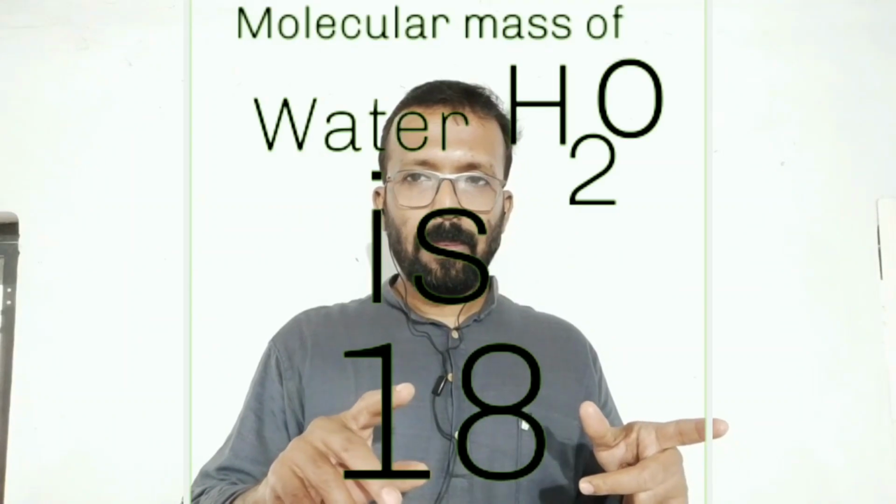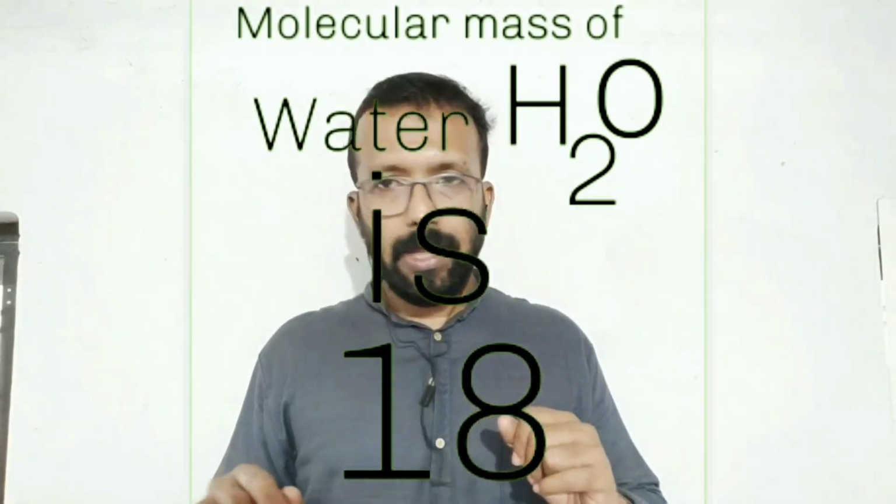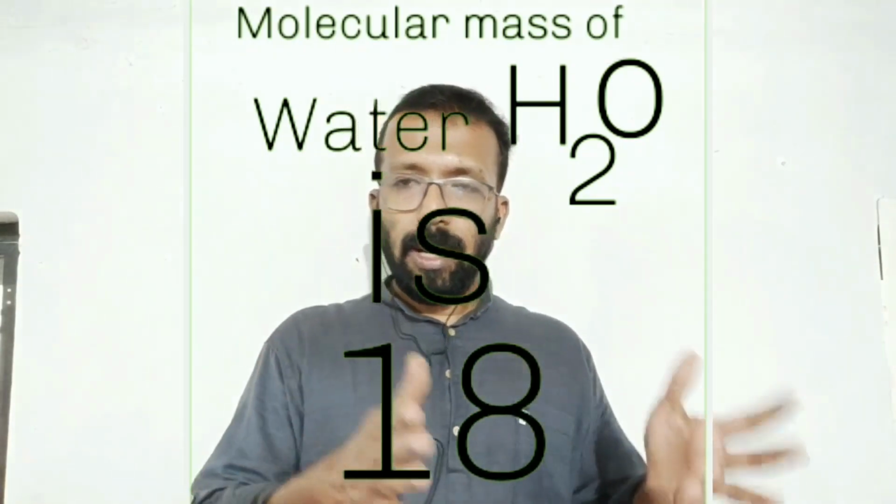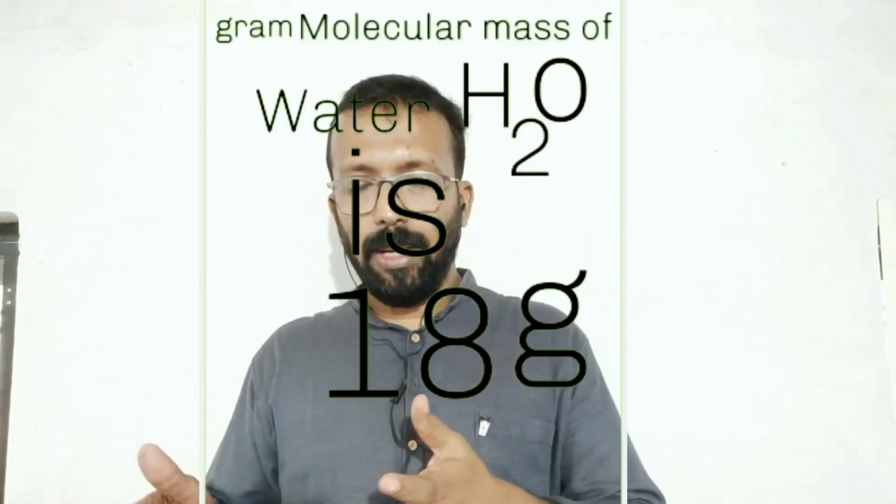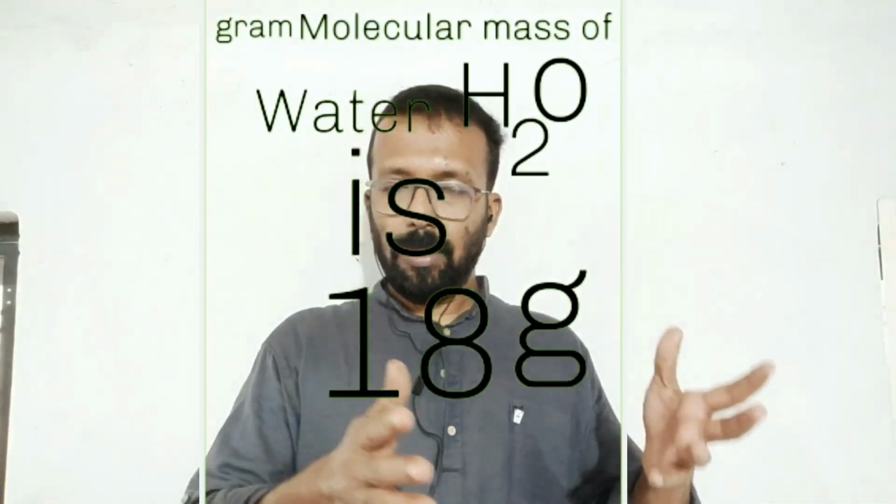See, molecular mass expressed in gram is called gram molecular mass. Mass in gram that's equal to the molecular mass of a given substance. For example, the molecular mass of water is 18. Its gram molecular mass will be 18 gram. Molecular mass of oxygen is 32. Its gram molecular mass will be 32 gram.